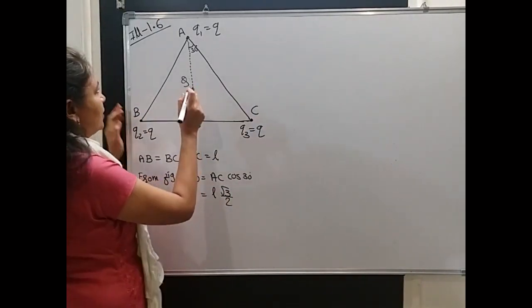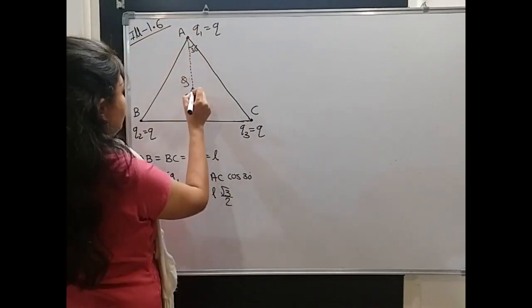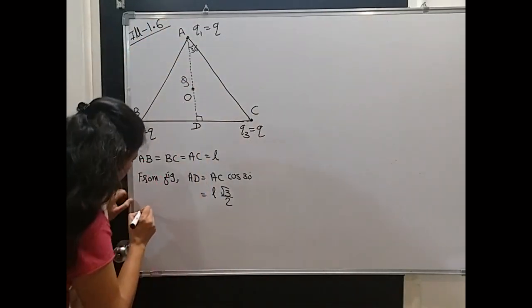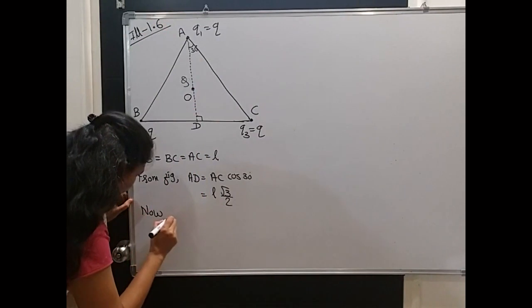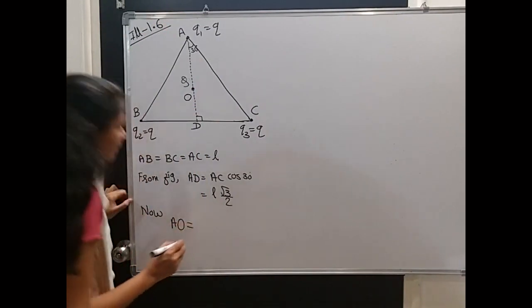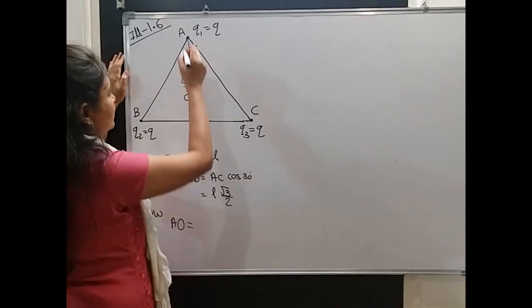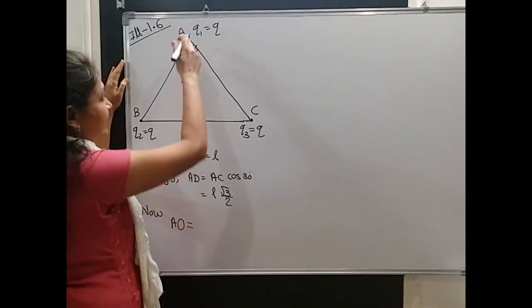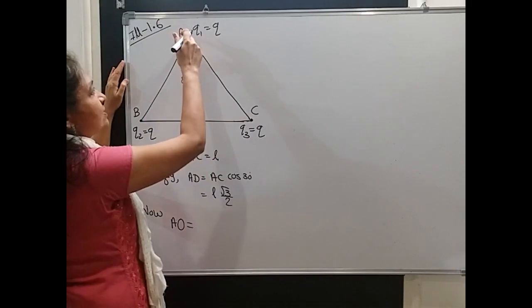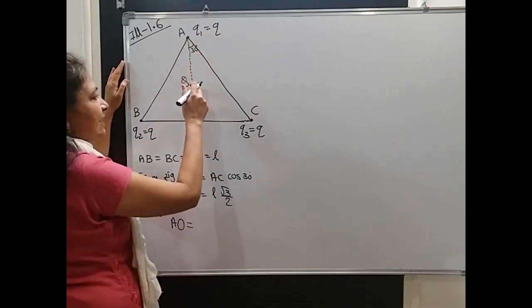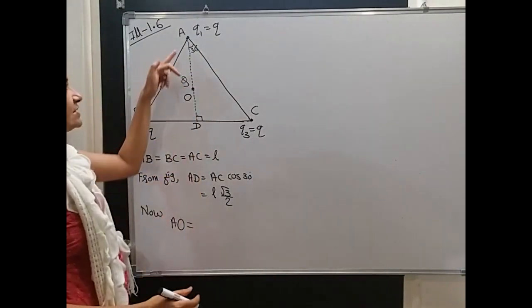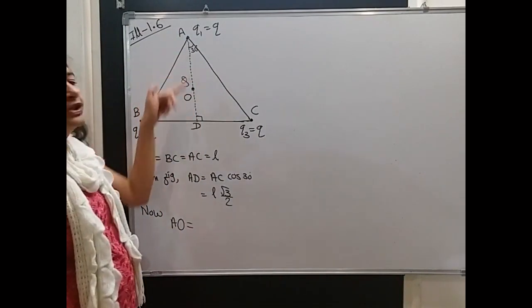Now I want the distance between A and O. You have studied this in geometry in school, I think in 9th or 10th, that AO, the distance between the vertex and the centroid, is 2/3 of the median.